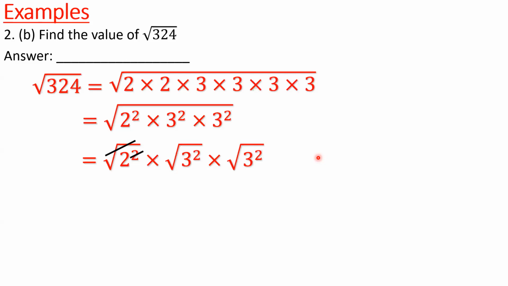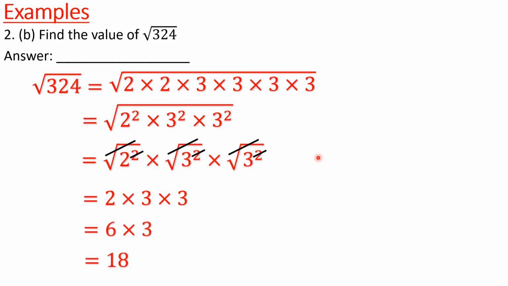And you will be left with 2 times 3 times 3, which is 6 times 3, which equals 18.